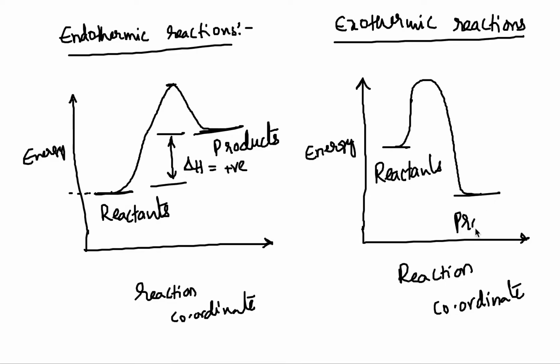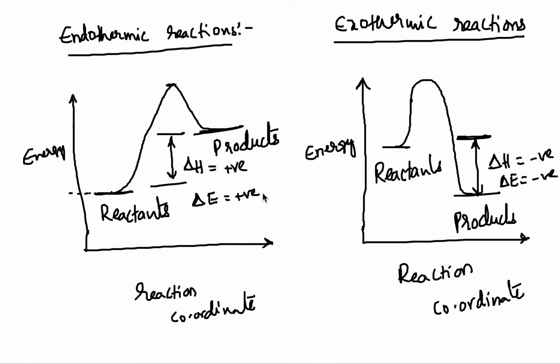These are products. And this is delta H for this exothermic reaction, which is negative, and here it is positive. And this is for reactions expressed at constant pressure. If we express that at constant volume, this is going to be delta E, which is negative for exothermic, and positive for endothermic reactions.